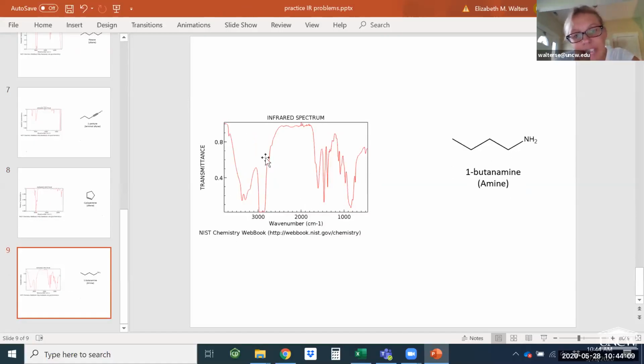So amine, see, it's pretty broad. This is kind of a messy one, but it's not smooth like the alcohol peak. So I would print these out and make flashcards and just keep looking at functional group name, functional group picture, functional group name, functional group picture. And that will help significantly.